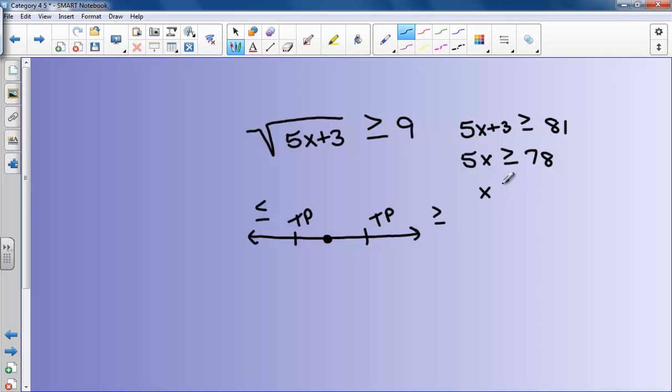So x is greater than or equal to 78 over 5. And then you can reduce that or turn it into a decimal or whatever. If you're doing it algebraically, again, you have to plug it back in here, substitute in, and check it because it could be an extraneous solution. So this is your foolproof method, and it's also your faster method for the most part in solving.